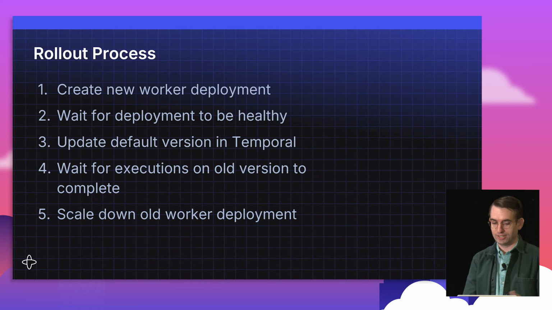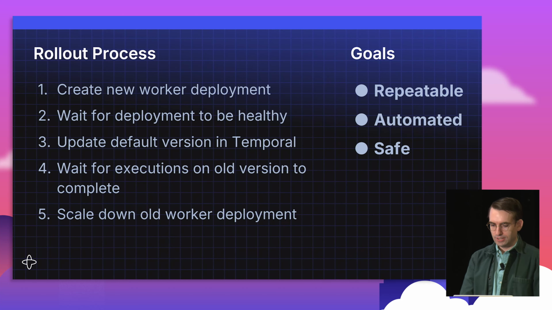After that point, you can update the default version in Temporal so that it starts directing new workflow executions to that new version you just deployed. Then you want to wait for your existing workflow executions that are pinned to that old worker version to finish draining by waiting for them to finish execution. And then it's safe to scale down the old version of your worker.